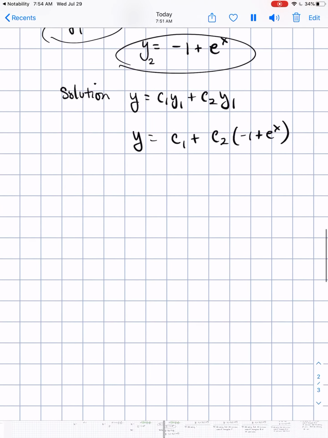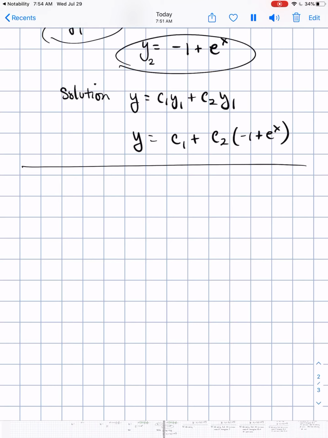Now, a couple things in this homework set 6.2 that are pretty straightforward and not too bad.